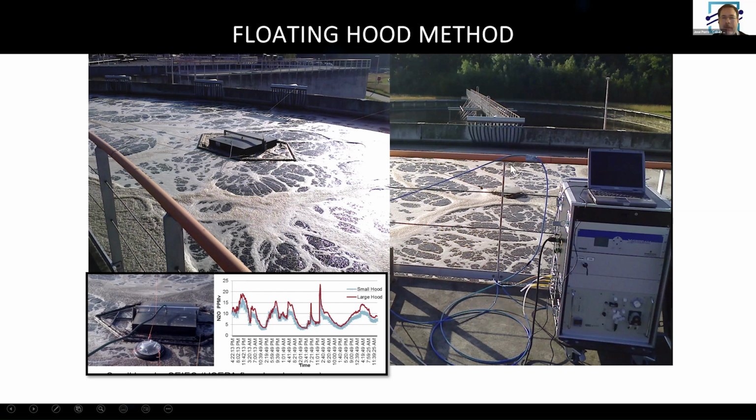The other part of the floating hood method is the gas analyzer. So here's a picture of an analyzer. You would have air tubing connected to the hood. It has to be airtight, which would bring the sample to the analyzer where we're able to measure the concentrations of different gases.